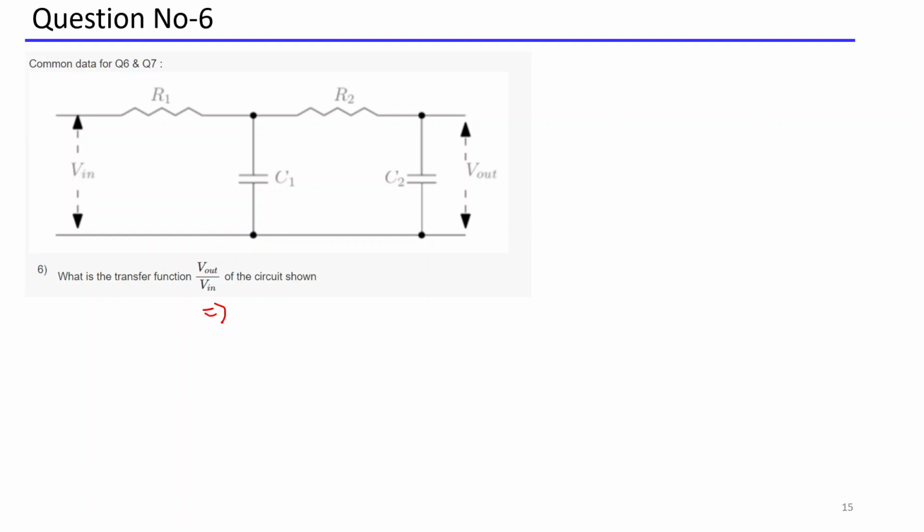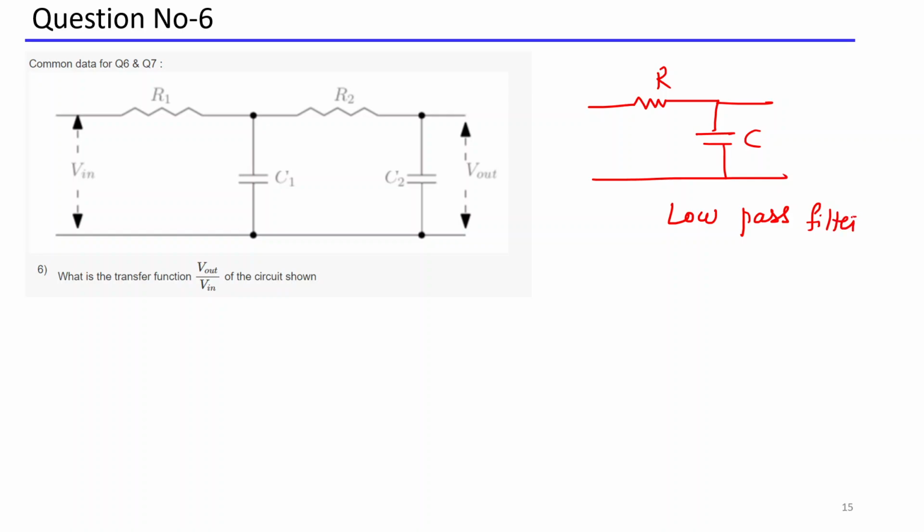And how to find out the transfer function? You should be very good at mathematics and at Laplace transformation. These two are the basics of finding out the transfer function. This is an example of the question. As an electrical engineer, you should know that if an RC combination is given, this is R and this is C, it is a low pass filter.